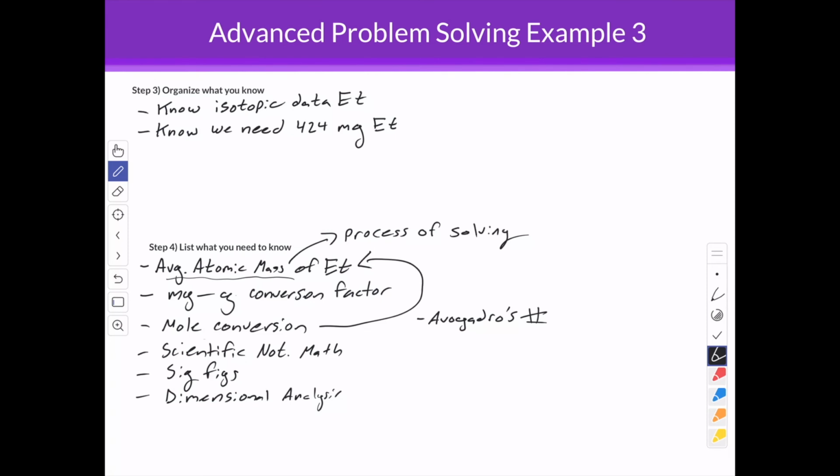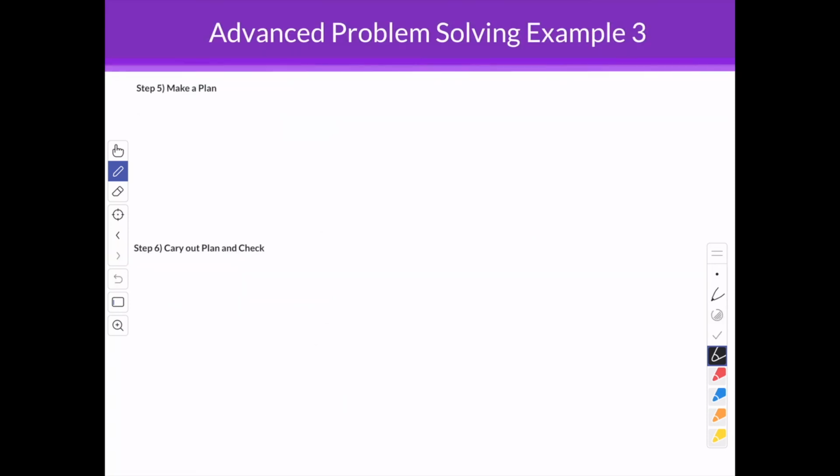All right. Now we've got all the pieces. We need to make a plan, right? So, we move forward. Since we need our average atomic mass to do anything, we first need to turn percent abundance into decimal form.